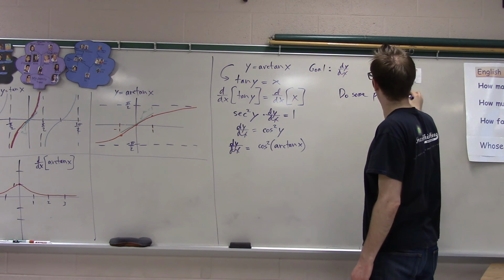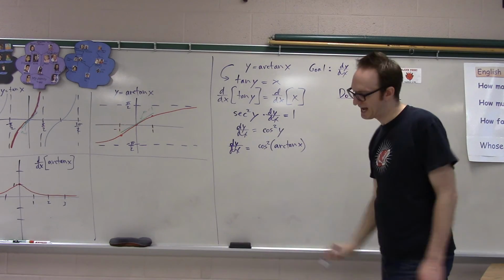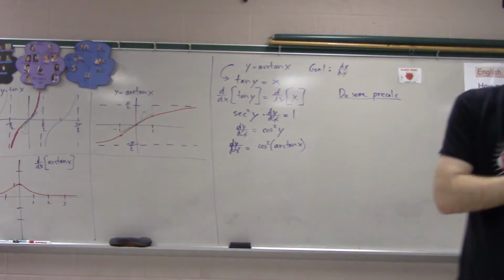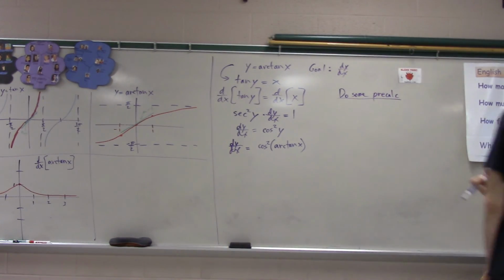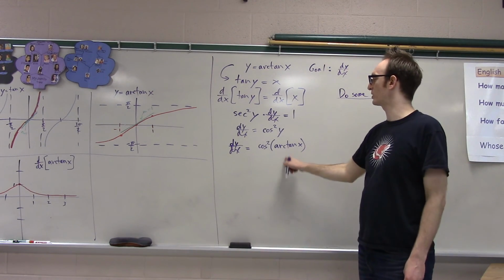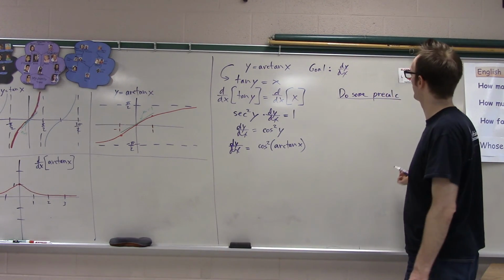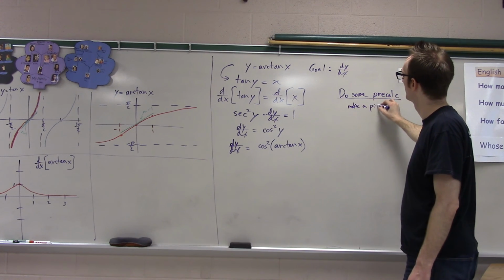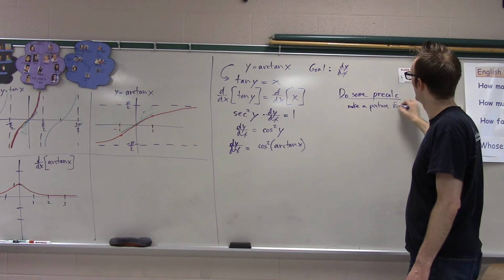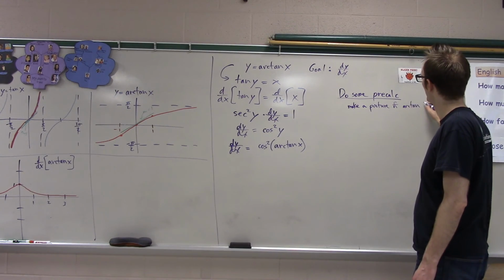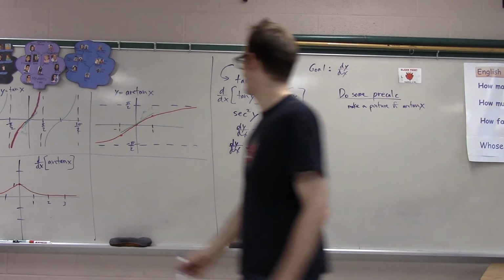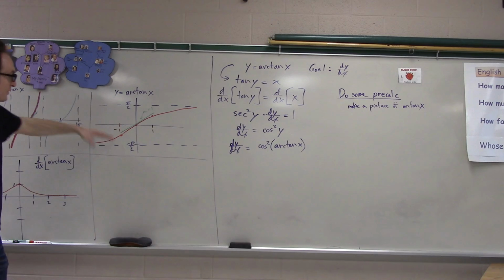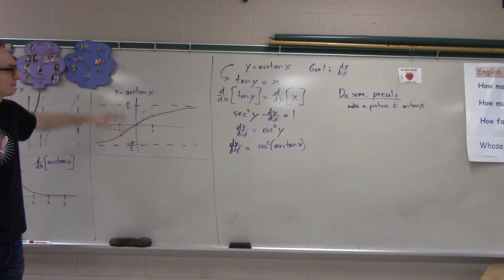There's a whole day in pre-calc B and also in pre-calc C where we talked about how to simplify things of the form cosine squared arctan. And what you do is you make a picture. So we make a picture of arctan x. What I know about arctan x is that it is always between negative pi over 2 and pi over 2.